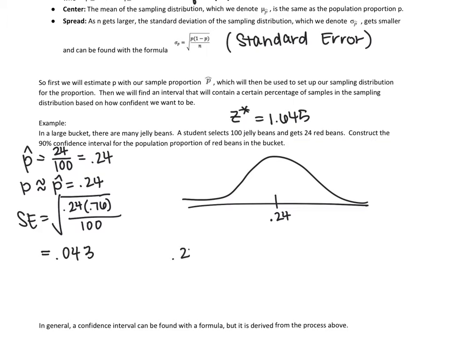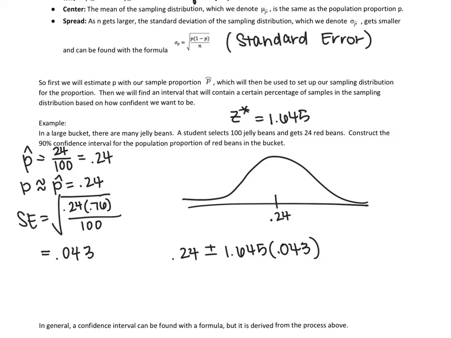So if we use that formula from the end of our section 1 notes, we take our P, which is 0.24, and we add and subtract our critical value, which is 1.645, times our standard error, or standard deviation, which in this case is 0.043. That's how we're going to get our confidence interval.